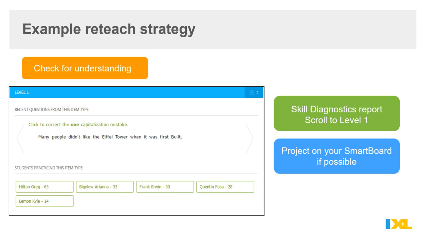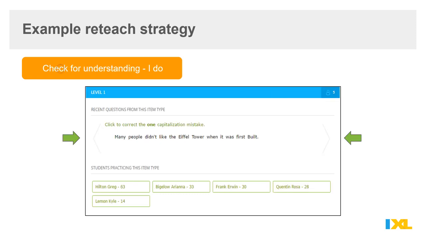And notice that we provide to the left and the right of that one level 1 example item type gray arrows that you can click on in order to scroll through a ton of different level 1 item types for practice. So I might begin with that check for understanding involving the I do, where I'm going to model in front of my students how I'm going to fix that one capitalization mistake in that example item type.